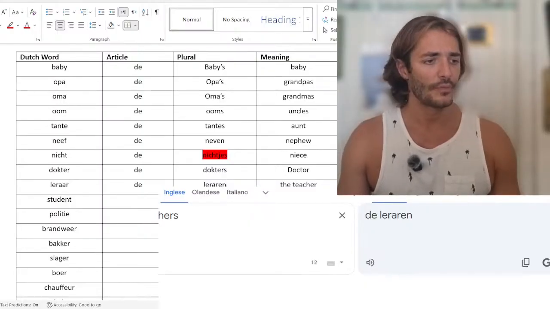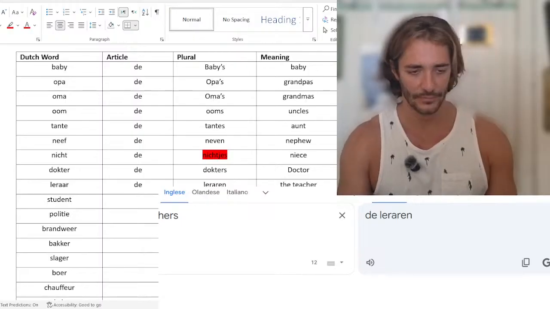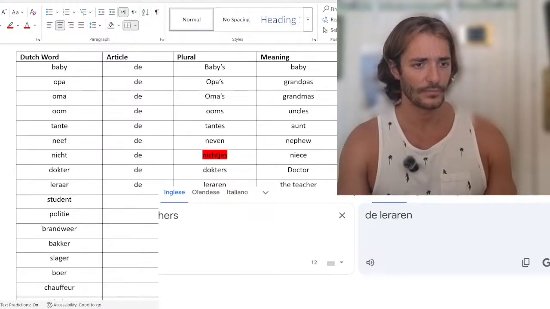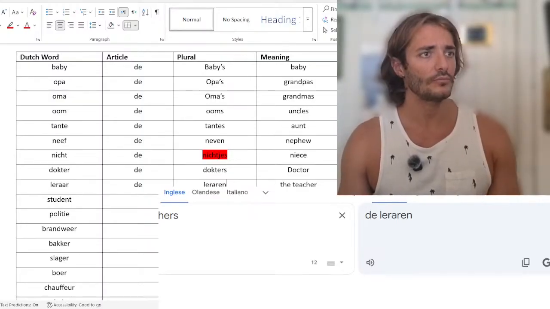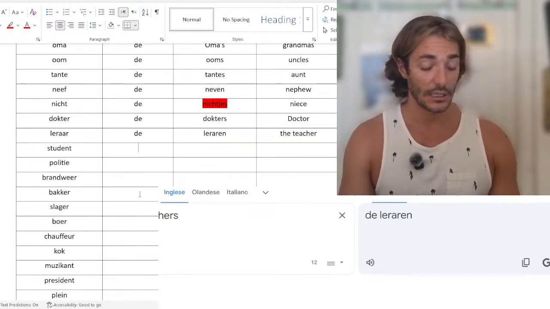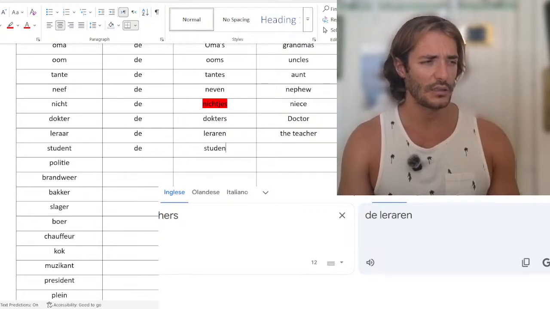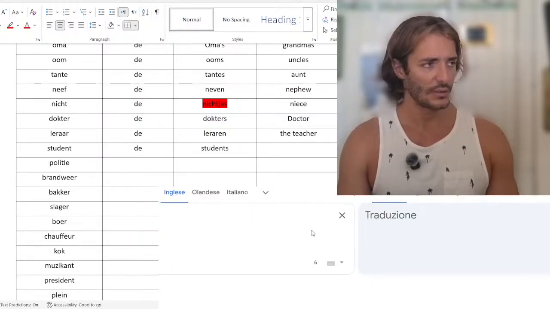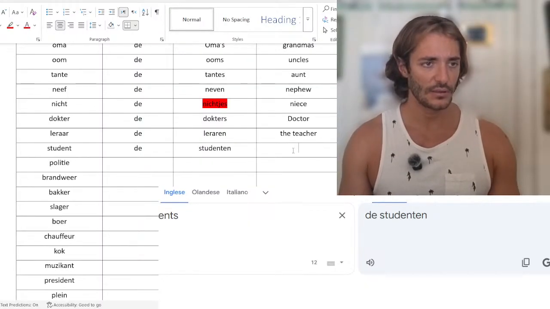Okay. So, let's go on. The student, I think this ends by S. I have to check it. The students. No, the studenten. So the studenten, students.